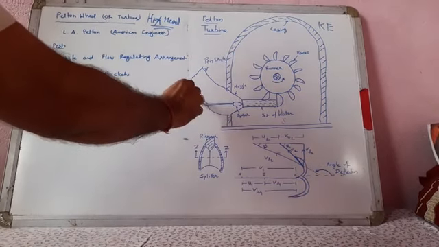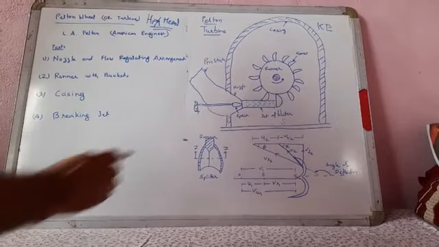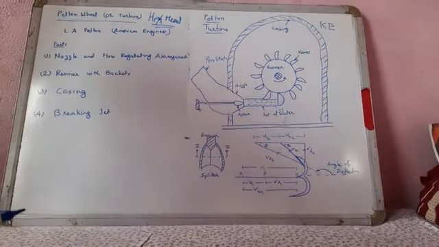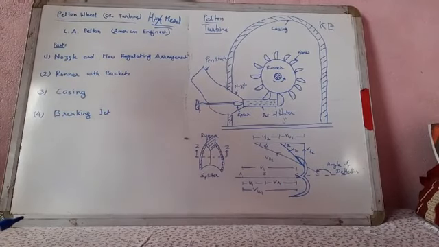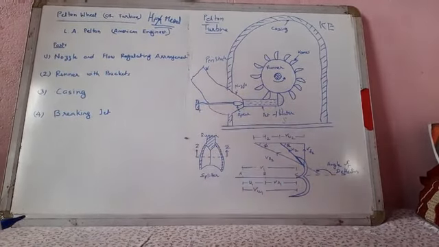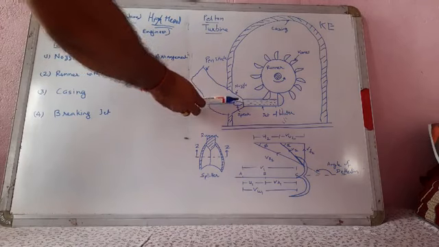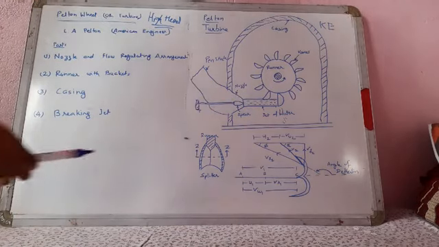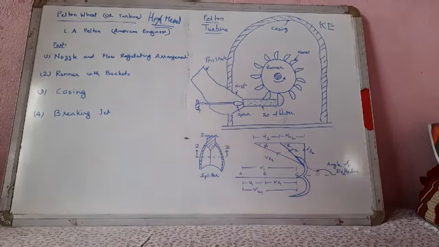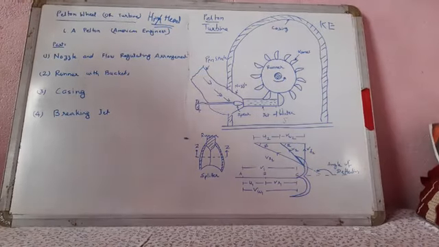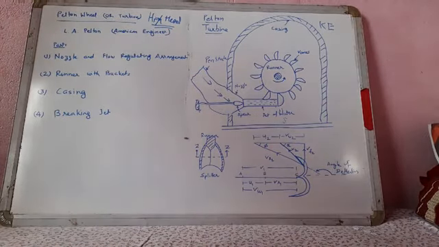When the spear is pushed forward in the nozzle, the amount of water striking the runner is reduced. On the other hand, when the spear is in the backward position, the nozzle is fully open and more water can be supplied through the penstock, so the water striking the runner increases.